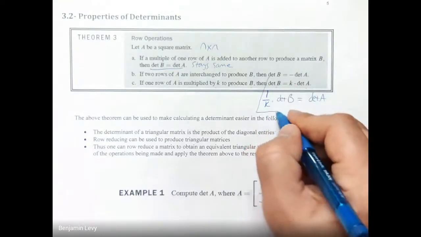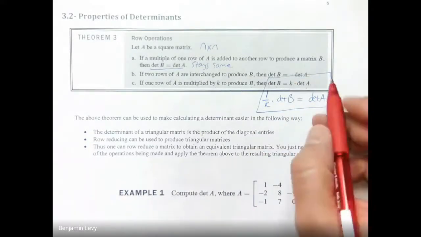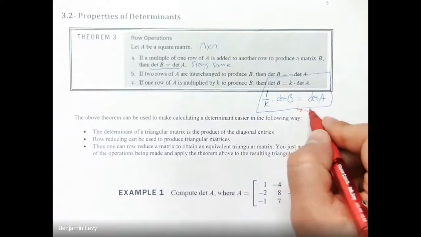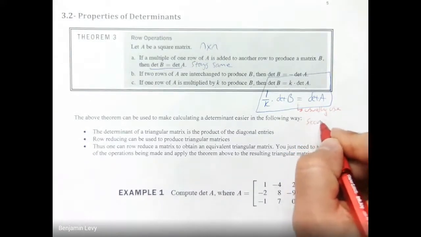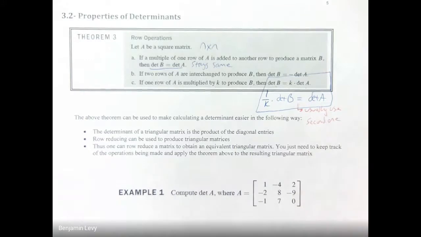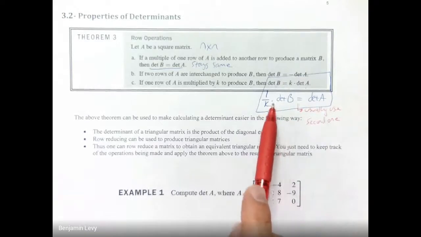Both of these things are equivalent. Usually you end up using the second one, because again, we usually want the determinant of the original matrix. You get it triangular, which is usually going to be B, and then you would multiply it by 1 over K if you happened to multiply a row by K.